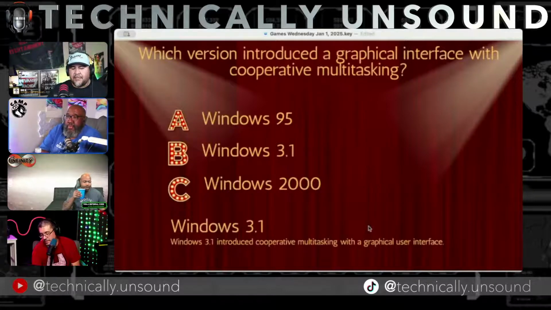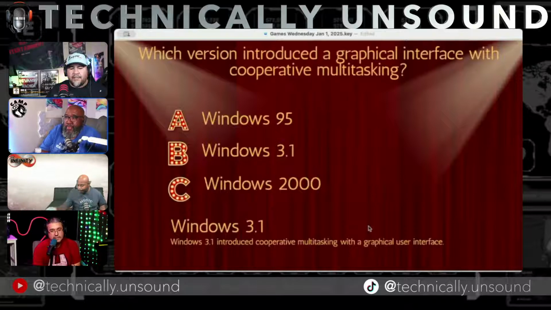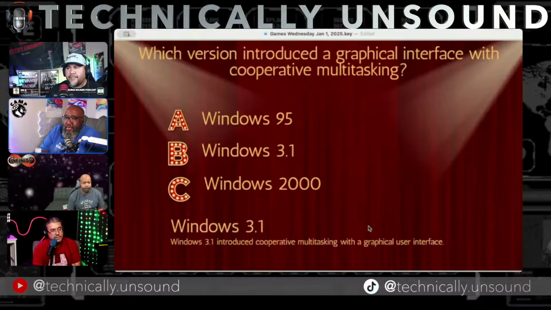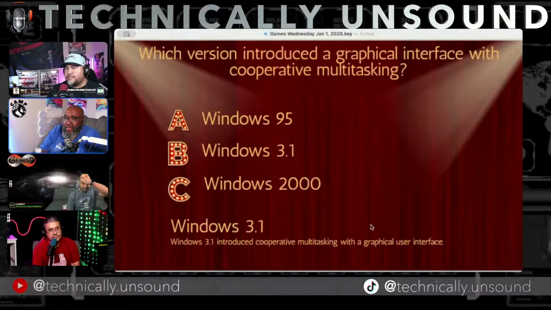It ain't like what we do now, where you could have calculator open and notepad open at the same time. I guess if you compare it to MS-DOS, where you could just do one function. C:\ blah blah blah. Right.